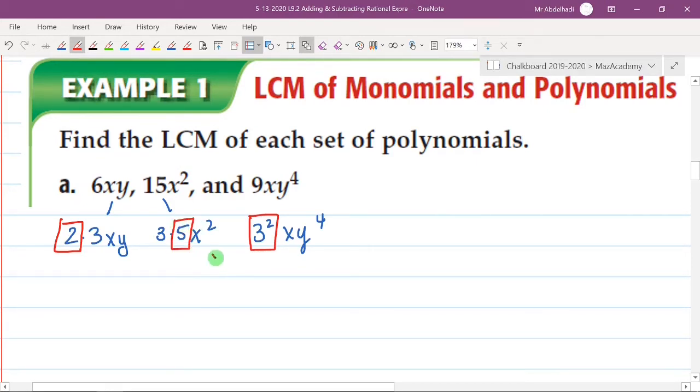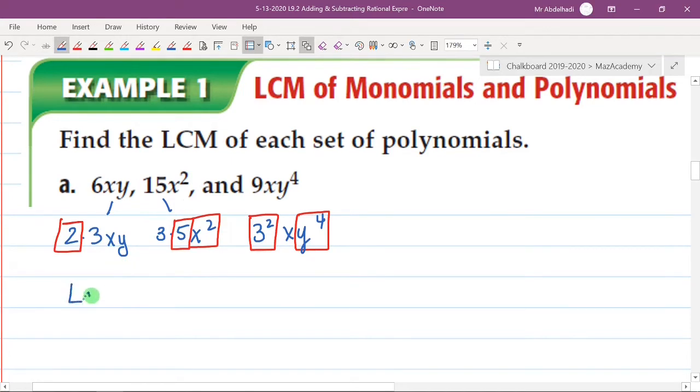Now the letters. There's an x here, an x squared here, and an x here. We're only going to use one of them, the one with the highest power. So we'll use this x squared right here. And then y, there's a y here, there's no y here at all, and there's a y to the fourth here. Well, we're going to use just one of the y's, the highest power one, this one right here. We're going to find the least common multiple.